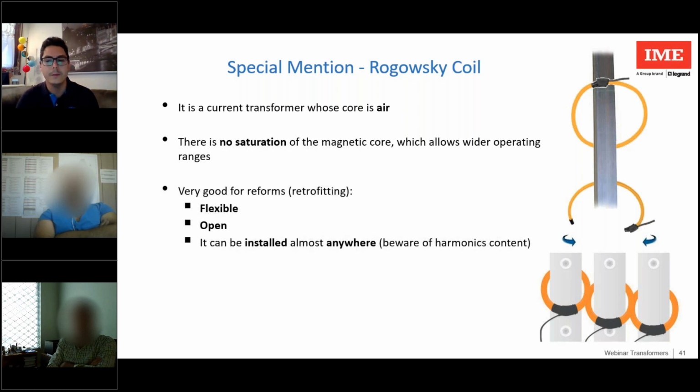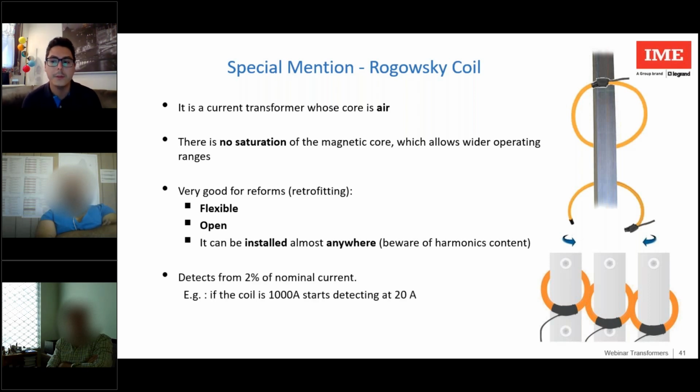This unfortunately generates a bad measure, so it is always advisable to have a minimum knowledge of the system before choosing the solution. Another thing, based on how you set the operation range, you have 3 steps: 1000, 3000 and 5000. The coil will start measuring from 2% of the full scale.